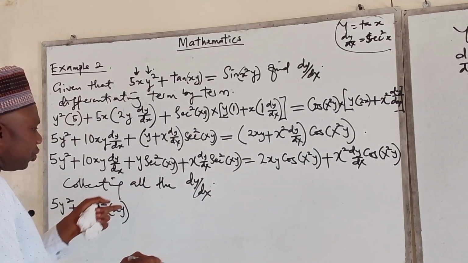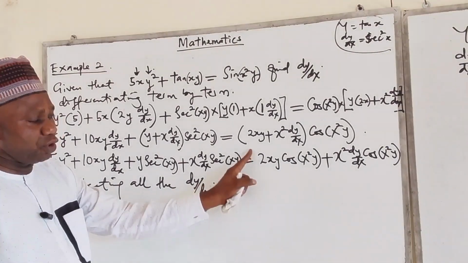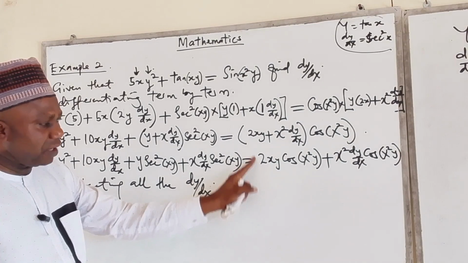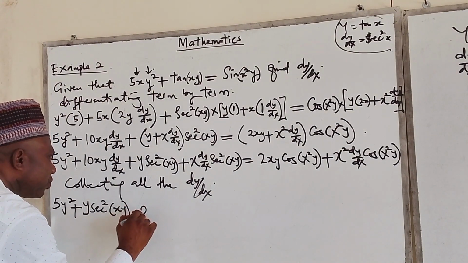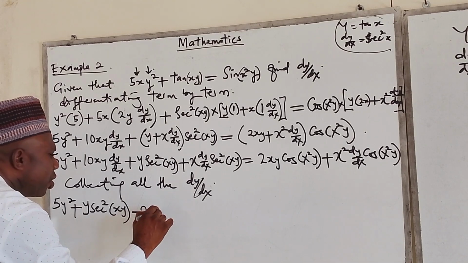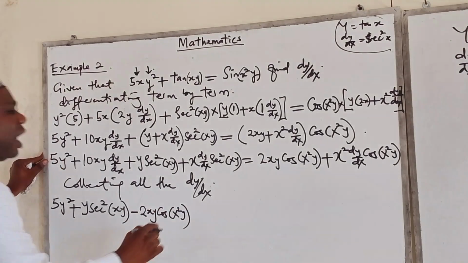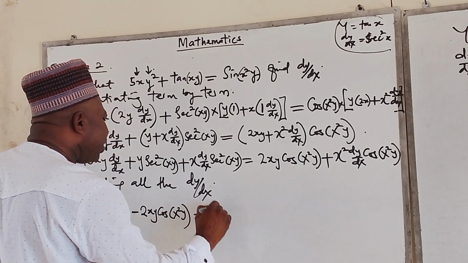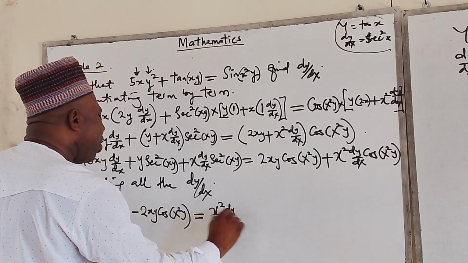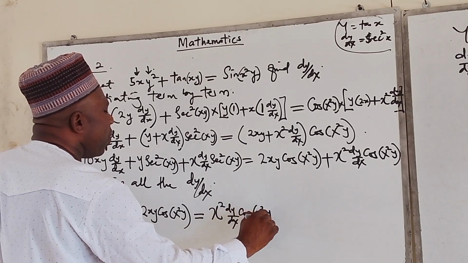So now I'm bringing it to the left hand side, and remember it is actually a plus value here. So bringing it to the other side, it becomes minus 2xy cos x squared y. Now the whole of this will be equal to x squared dy/dx cos x squared y.